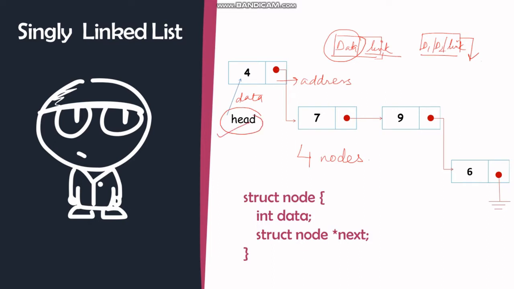The first node is always used as a reference to traverse the list and it is known as head, and the last node is pointed to the null, and null को हम ground symbol से भी denote कर सकते हैं. जो ये symbol I have put, this is a ground symbol that shows that it is pointing to null.